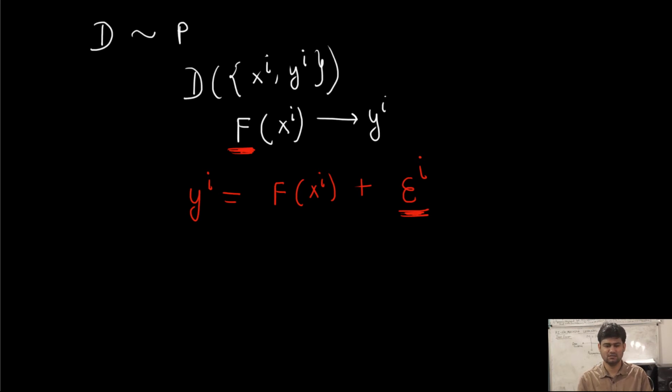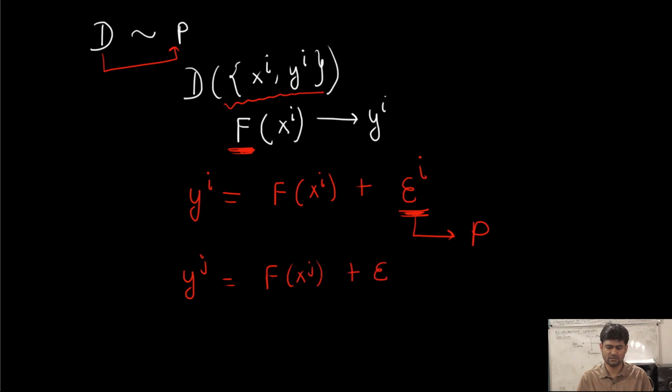So when we say that the dataset is drawn from this distribution, we mean that these epsilon i are random variables and they have a distribution P. And almost for all the points in this dataset, for example, for the jth data point, we'll have yj equal to f of xj plus epsilon j, where again epsilon j is also drawn from the same distribution P. It means that the errors are independent of each other. What does it mean for epsilon i to be independent of epsilon j?